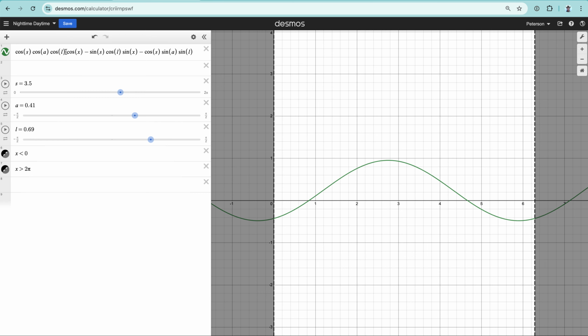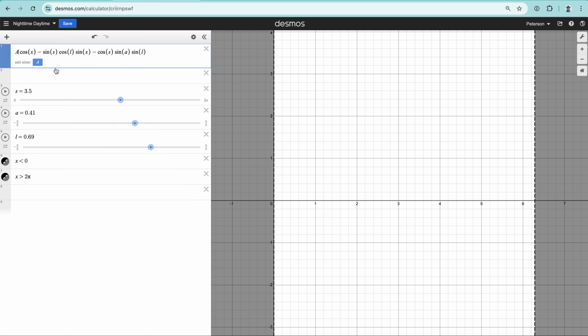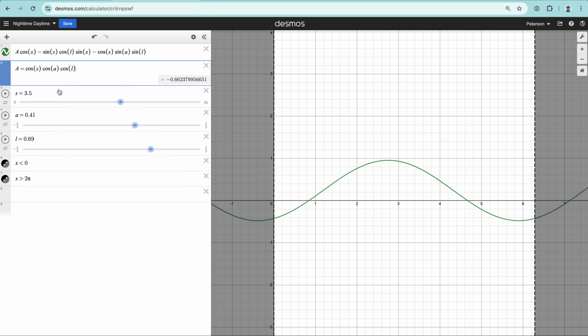So I want to do some algebra where I take expressions like this, cosine little s, cosine a, cosine little l, and factor that out and replace it with capital A, and then write capital A equals that expression down here. And Desmos knows how to handle that. It knows to substitute this in here. And so we get the same graph.